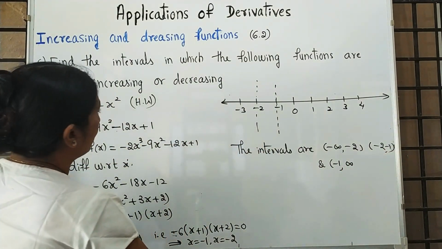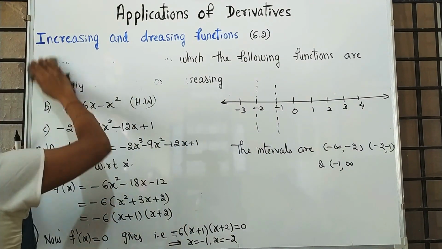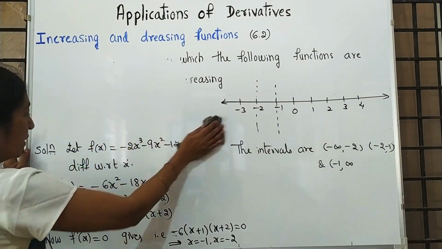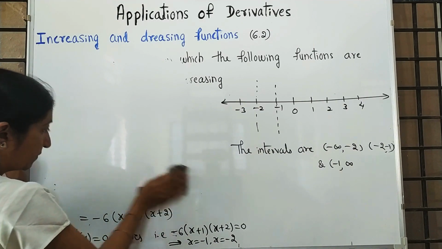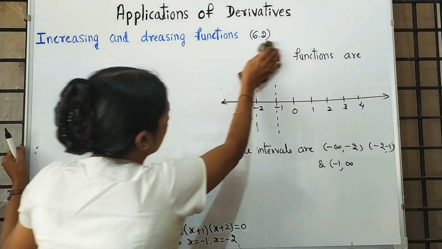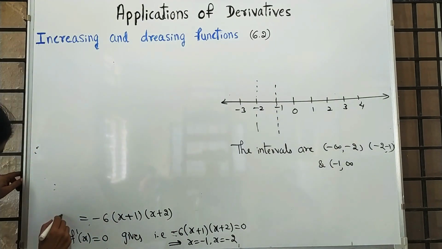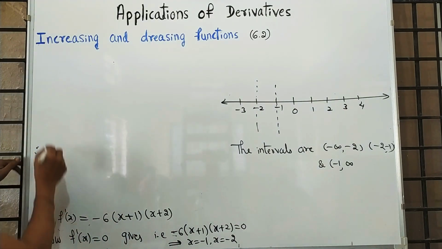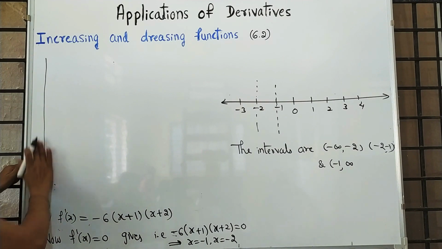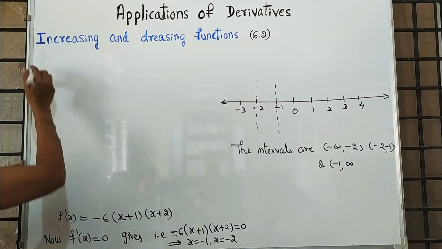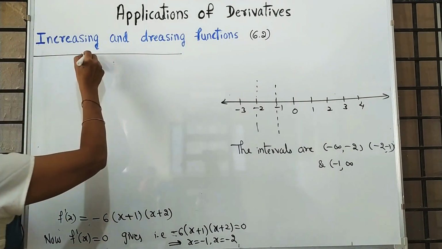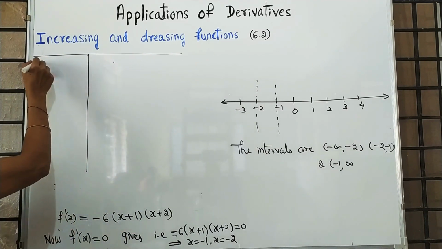So, write down the table. This is f dash of x. Here I am writing the intervals in the first column.